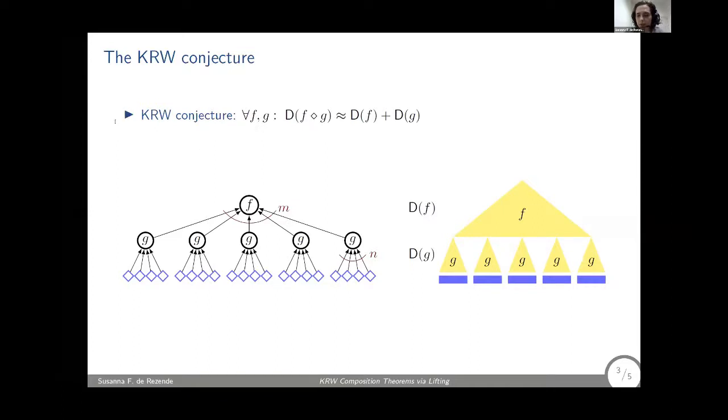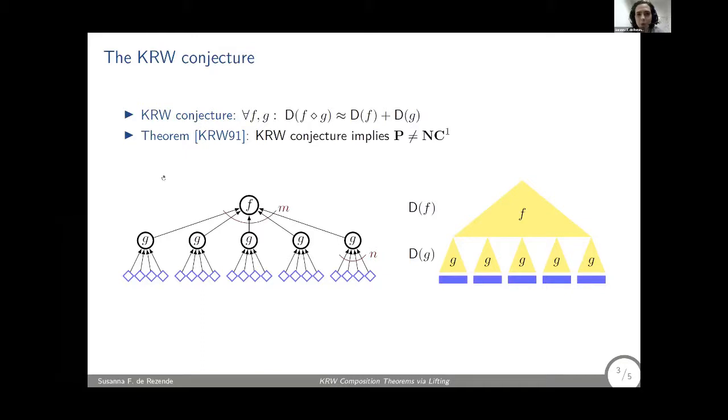And what KRW showed is that if we could prove this conjecture, we would prove that P is not equal to NC1. I'll just point out here, this approximately equal is intentionally vague because there are different definitions that would give this implication. But essentially, this is what we're trying to prove, that composition behaves like this.